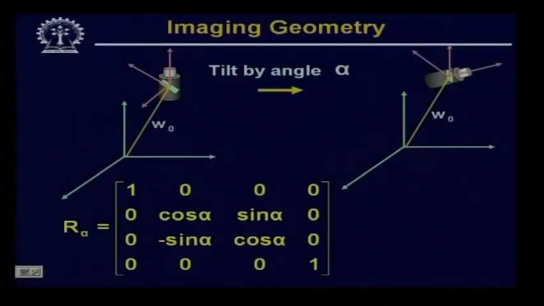For this tilt by an angle alpha, the transformation matrix R alpha will be given by 1 0 0 0, 0 cosine alpha, sin alpha, 0, then 0 minus sin alpha, cosine alpha, 0 and 0 0 0 1. You just recollect that these are the basic transformations which we discussed in the previous class, and how they are used to understand the imaging process.